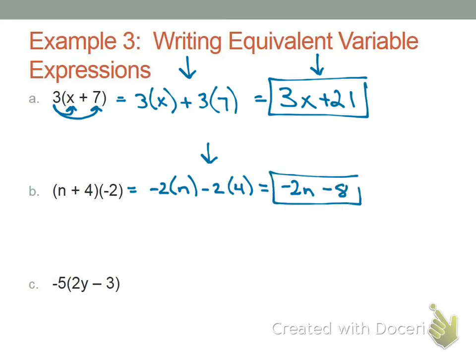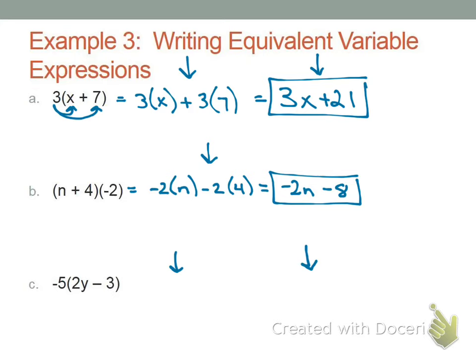Now, if you said plus negative 8, that would be okay as well. All right, now I want you to try C. So if you missed B, try to get C right. I need an equivalent expression and then your simplified answer. There's not going to be an exact answer because you don't know what y equals. Okay? But I need an equivalent expression and a boxed answer.